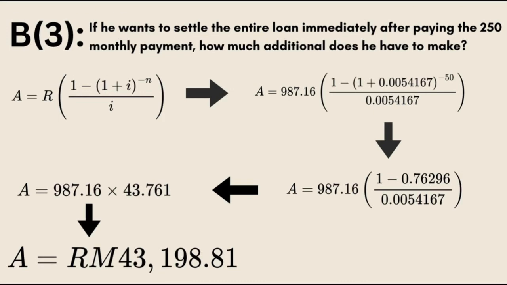After substituting these values into the formula, I obtain an annuity factor of 43.761. Multiplying this factor by the monthly payment gives RM 43,198.80. Therefore, after making the 250th payment, he must pay an additional RM 43,198.81 to fully settle the loan.